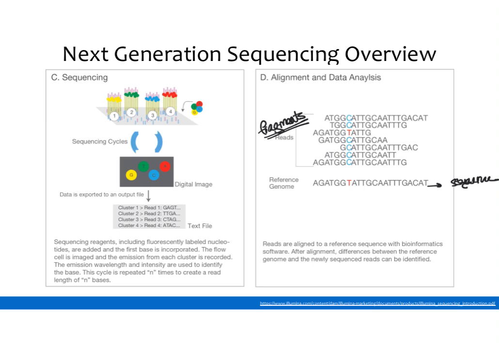The sequencer has sequenced each fragment, so it has a sequence for every single fragment. And now it's going to align these fragments together in order to figure out what the actual sequence should be. So it matches up multiple fragments and generates the actual sequence of the whole entire piece before fragmentation. And so now this is your sequence, and this is what you can move forward with for analysis.